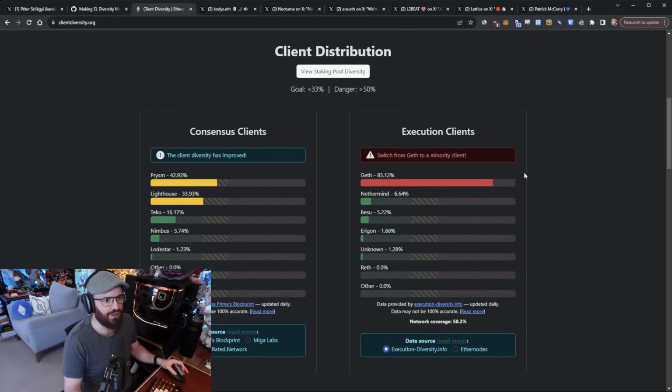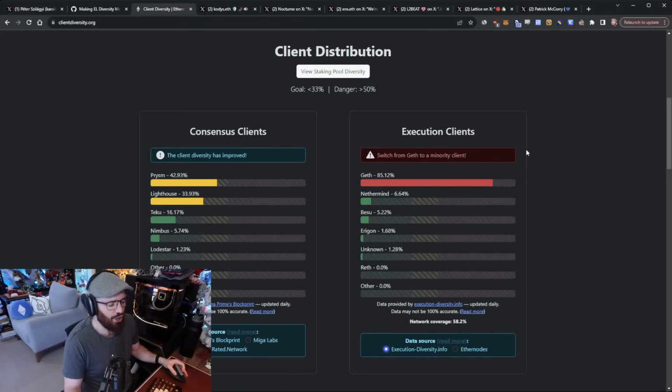It doesn't just look at the network that validators are connected to, because obviously we care most about what validators are connected to, because they're the ones proposing and attesting to blocks. They're the ones that are going to potentially be on the wrong chain if something was to go wrong. So I totally understand why you would want to see this data instead of the whole network, which makes sense there.